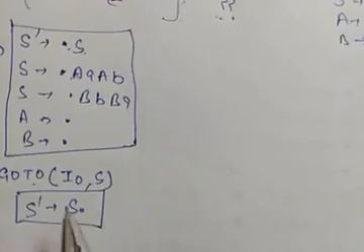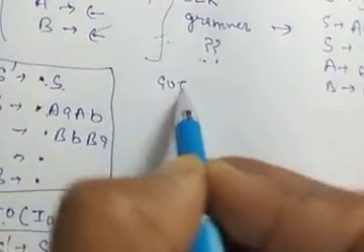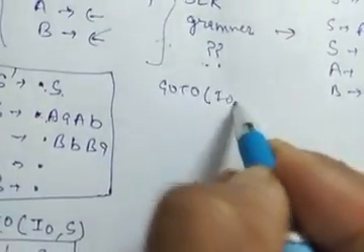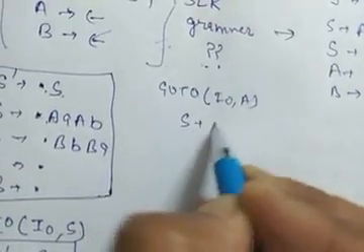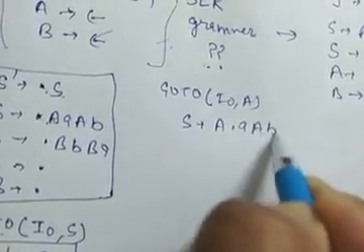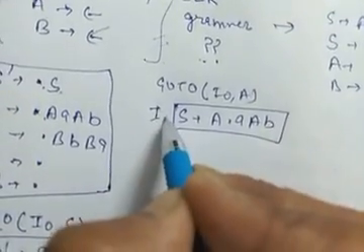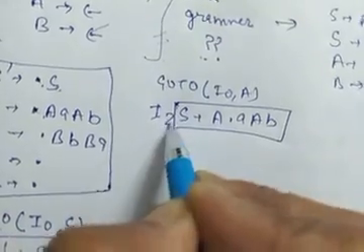As after the dot there is no element, we will stop there. Then we will find the goto for A, and it will become S to A dot A B, and this is your second item.